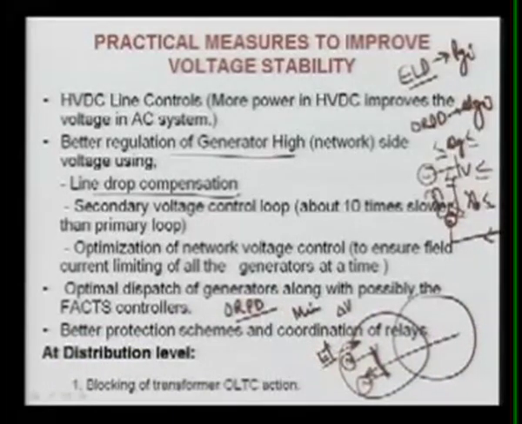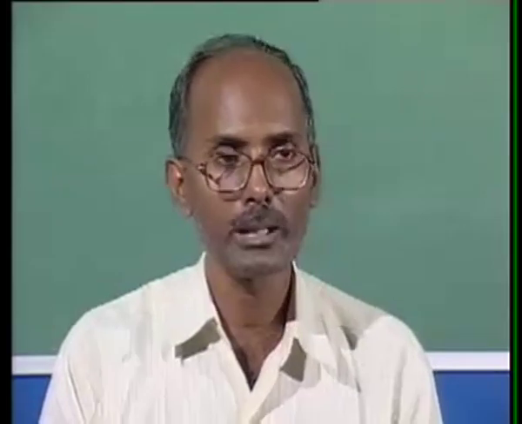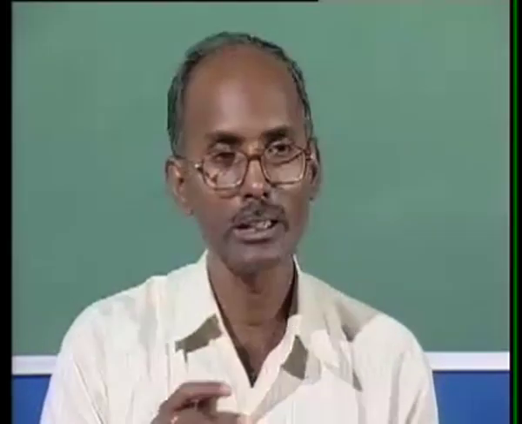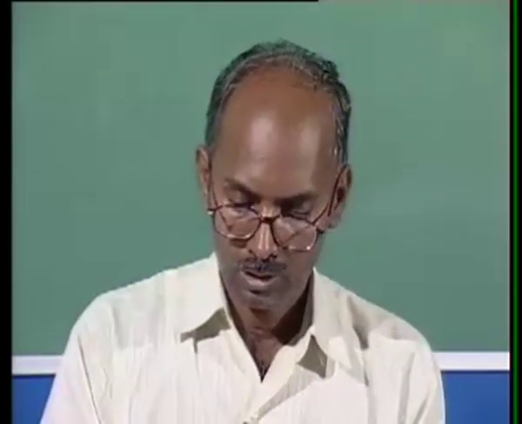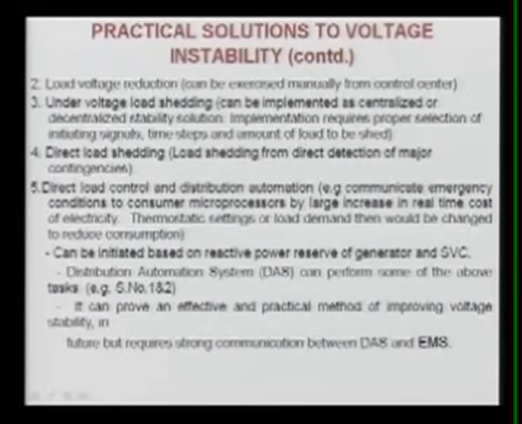At the distribution level, what we can do, we have seen the reverse action of the transformers, that is OLTC action, because as I said, whenever there is a problem, if you are changing the voltage from one level to another level, there is a possibility that you can land up with an unstable case. To see this, let's suppose here this is your PV curve at one tapping.